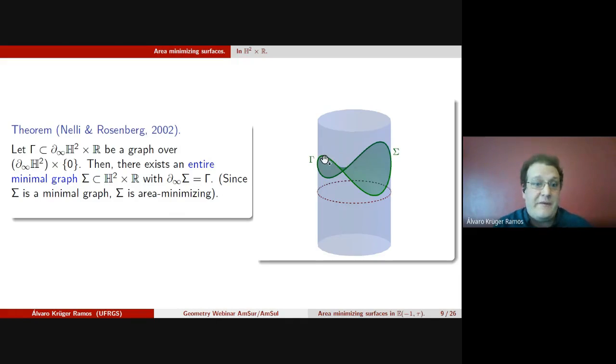So you can find area minimizing surfaces in H2 cross R. From this result, you know that you have many. For any graph you choose on the asymptotic boundary, you have an area minimizing surface with that asymptotic boundary. This is called the asymptotic Dirichlet problem.